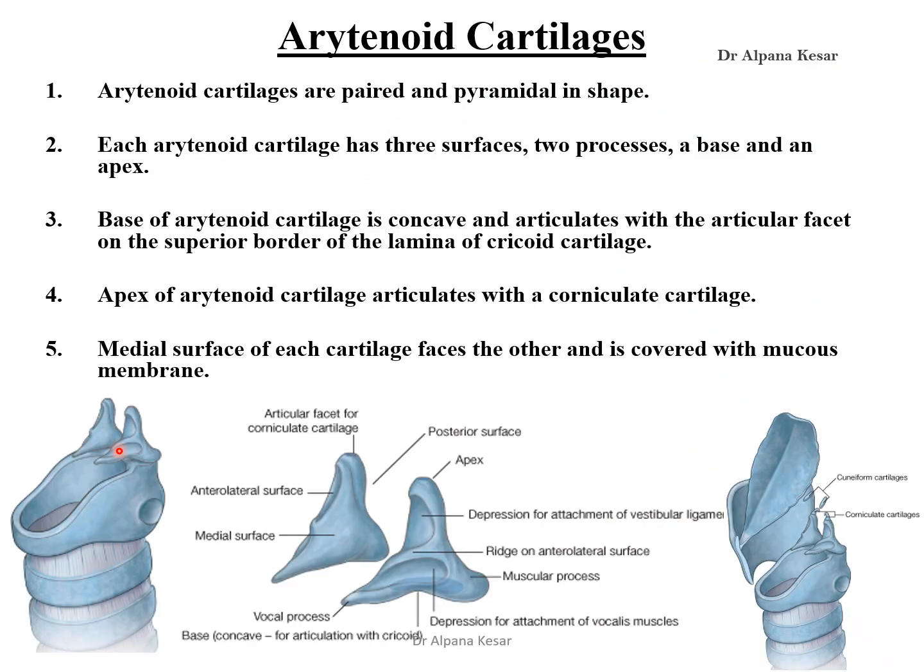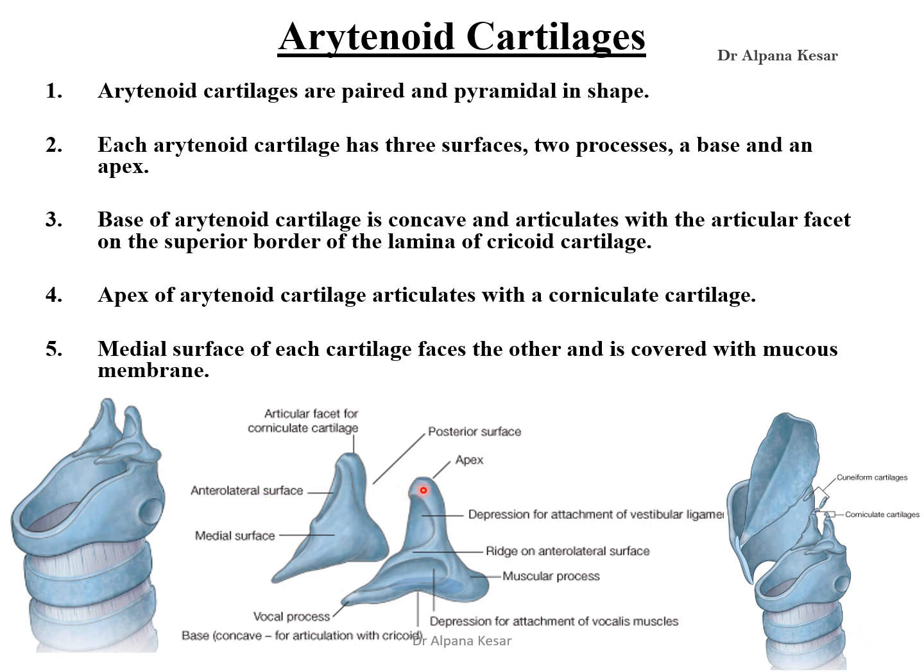Arytenoid cartilage is a paired cartilage which is pyramidal in shape. It has an apex, a base, three surfaces, and two processes. The base of the arytenoid cartilage is concave and it articulates with the articular facet on the superior border of the lamina of cricoid cartilage.